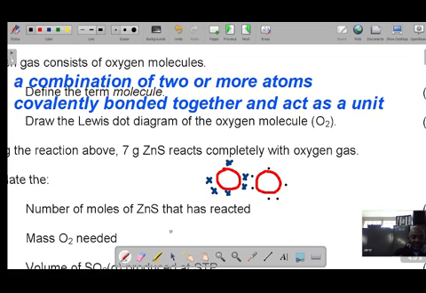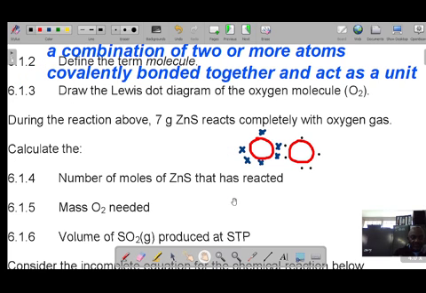Okay, next question. It says that during the extraction above, 7 grams of zinc sulfide reacted completely with oxygen gas. Calculate the number of moles of zinc sulfide that has reacted. So we have 7 grams of zinc sulfide.